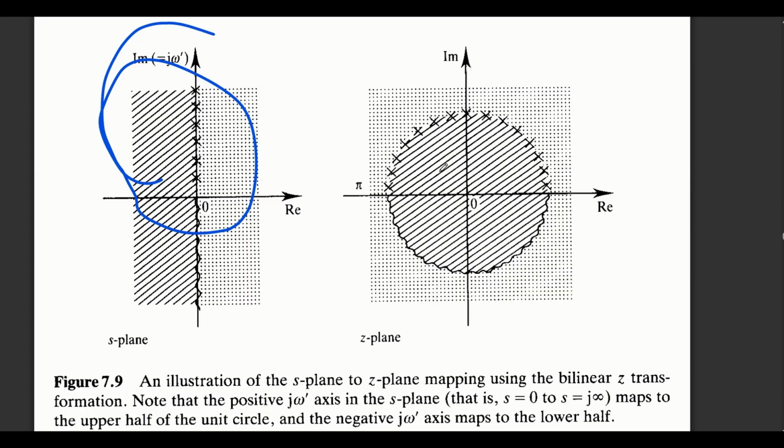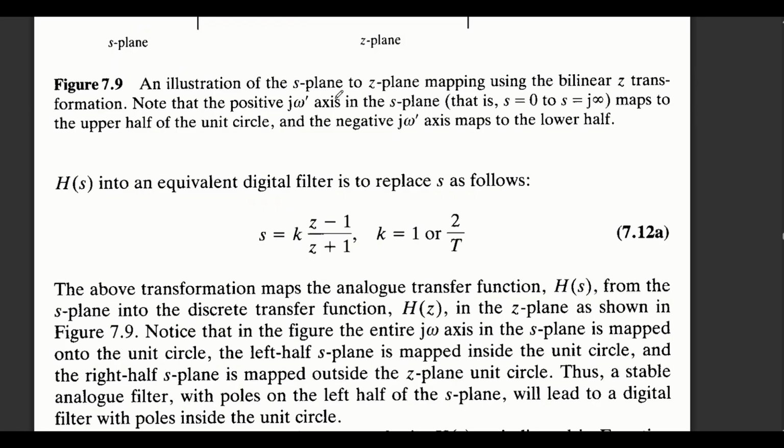It's just skewing from the S domain, where we have this planar kind of concept, to the Z domain, where we have this circular kind of concept. And by a lot of proofs, you can deduce that your S can be given by this expression. So anytime you have an analog filter, the S can be summarized as this expression: K multiplying Z minus 1 all over Z plus 1.